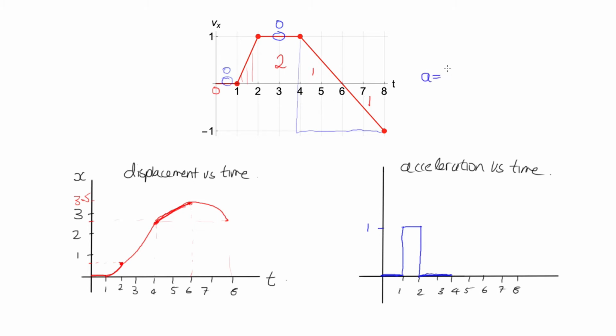So the acceleration is equal to 2 over 4, which is equal to 0.5 meters per second squared. But that's minus 0.5. So we've got minus 0.5 here, and that's to there. That should be a nice flat line. So that's what our acceleration versus time and our displacement versus time graphs will look like.